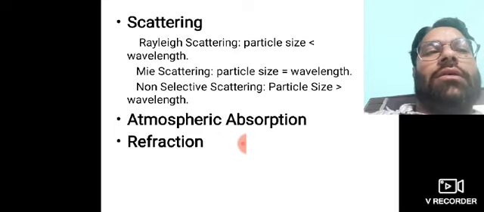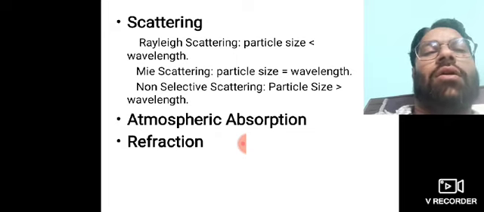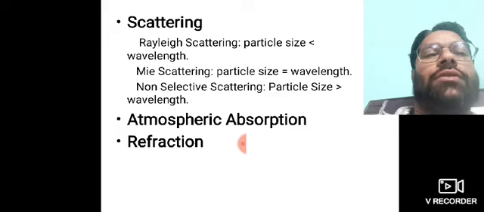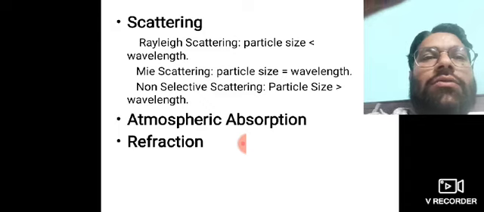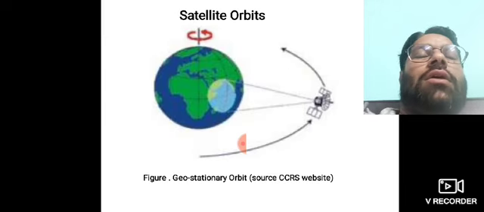And when the particle size is greater than the wavelength, then it is called non-selective scattering. These three types of scattering occur in the atmosphere, and part of the energy gets absorbed by the atmosphere. Absorption is one phenomenon, and of course refraction is another one. So this kind of interaction occurs when EMR passes through the atmosphere.